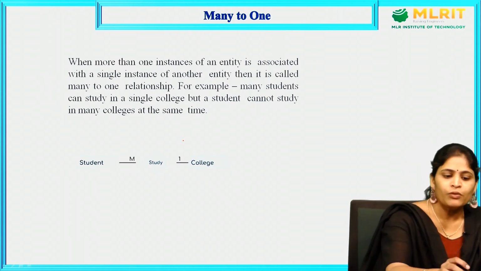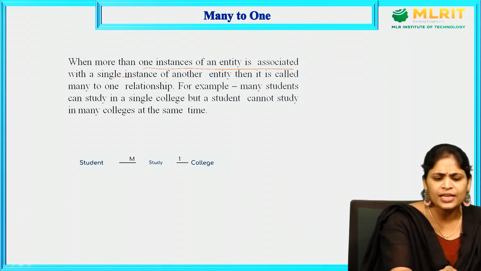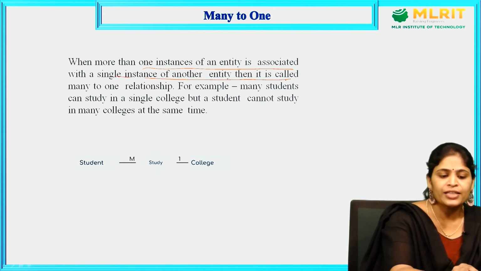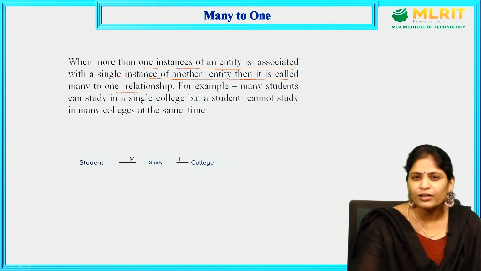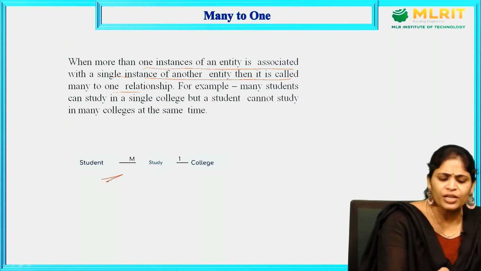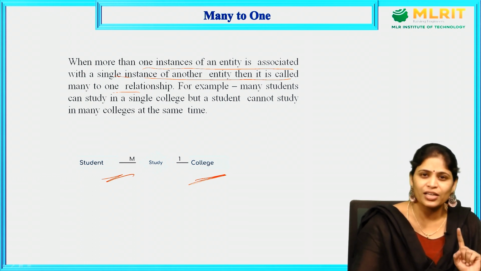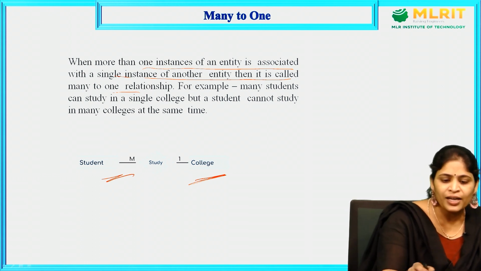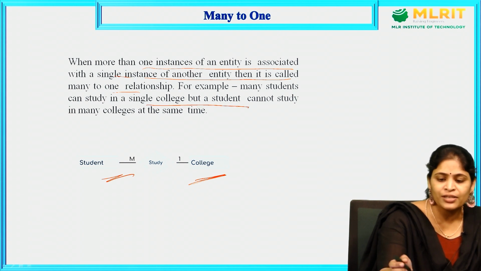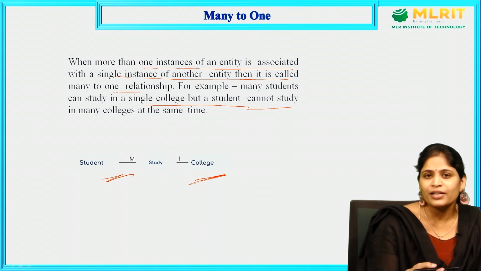Next, many to one. When more than one instance of an entity is associated with a single instance of another entity, then it is called a many-to-one relationship. Let us deal with this one with an example. Many students can study in one college, right? But a student cannot study in multiple colleges at a time.